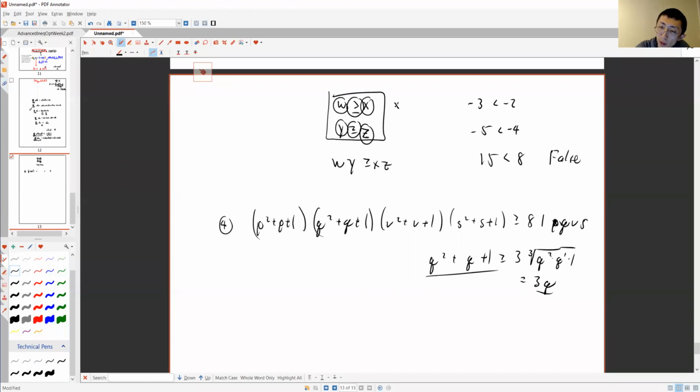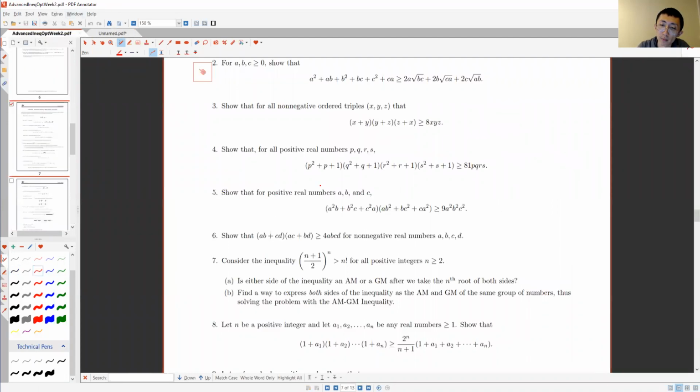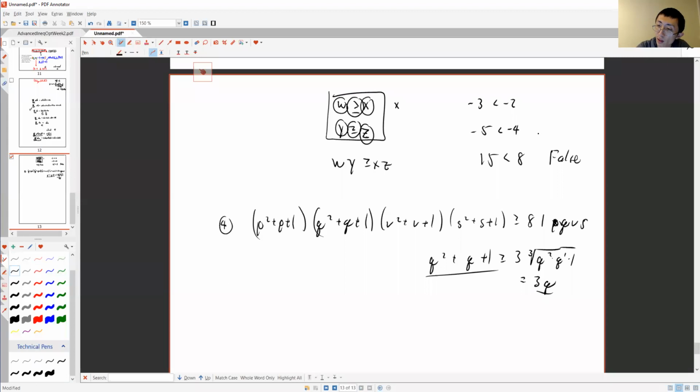So you need these to be positive. But the problem does say positive, so it's probably fine. Yeah, it says positive in the original problem for number 4. But that is something you want to be aware of at the very least. There should be non-negative.